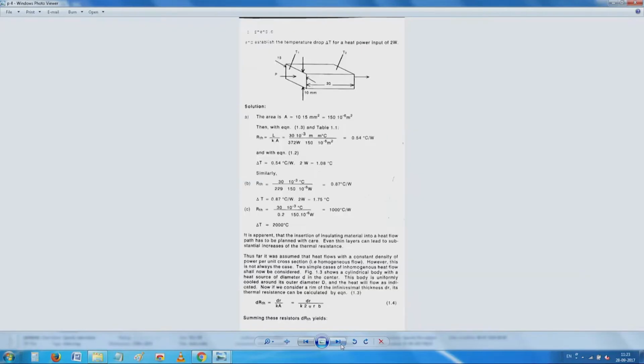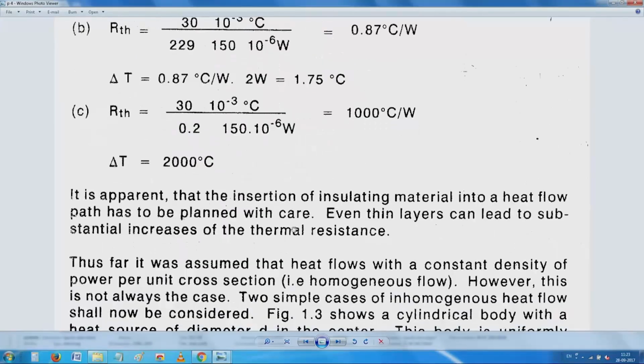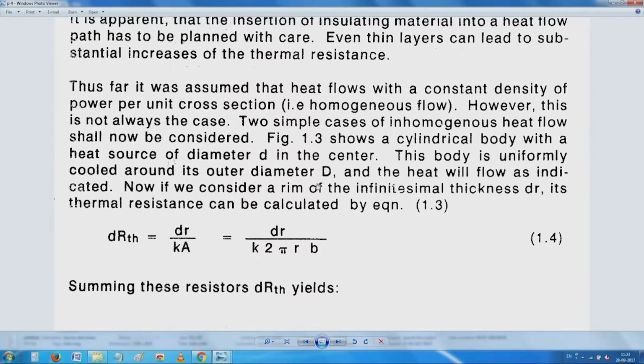Now, I sort of jumped through and then I showed you. The analysis is now extended to, can we have radial and can we have spherical heat flow. So, if you see this heat sink, my suggestion is kindly take whatever heat sink is there with you, and then take the area of cross section of this.